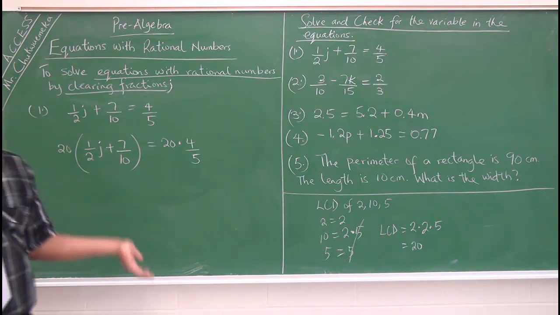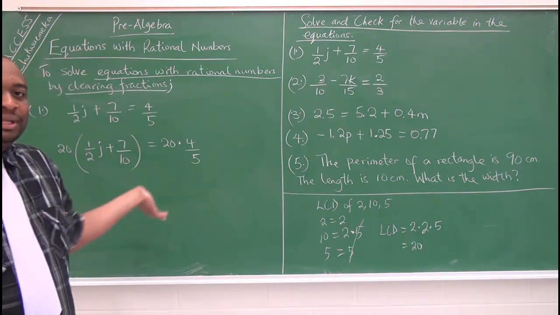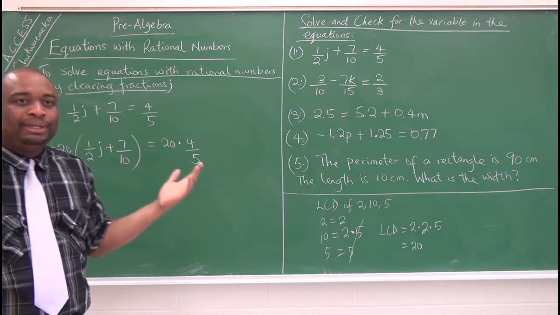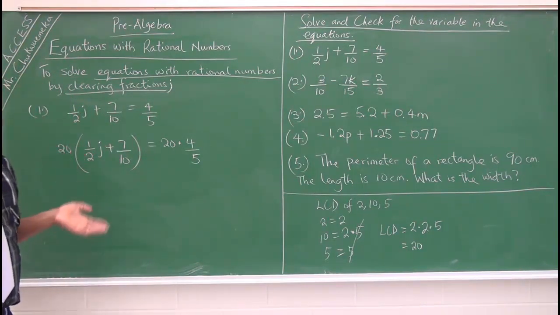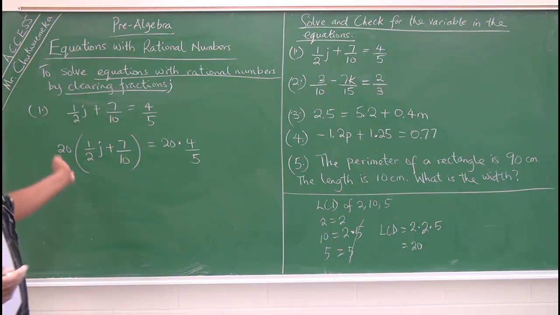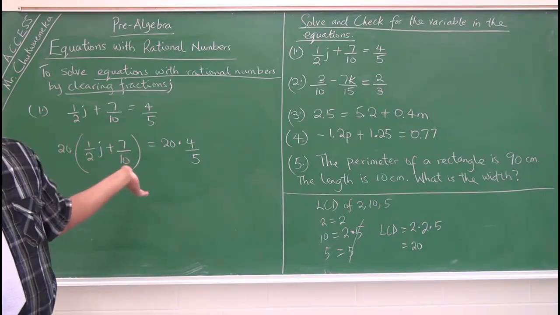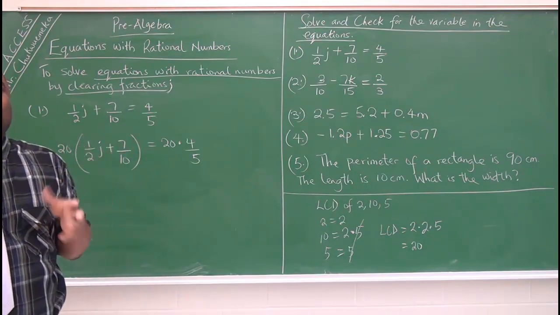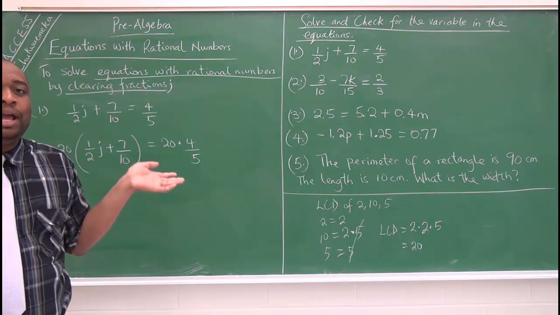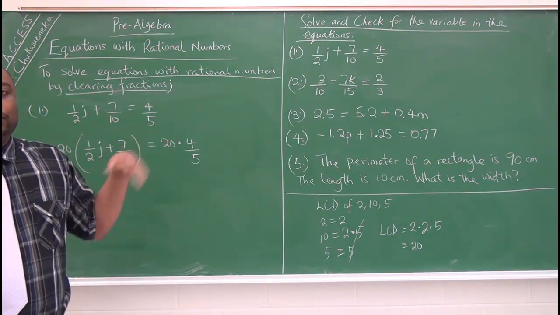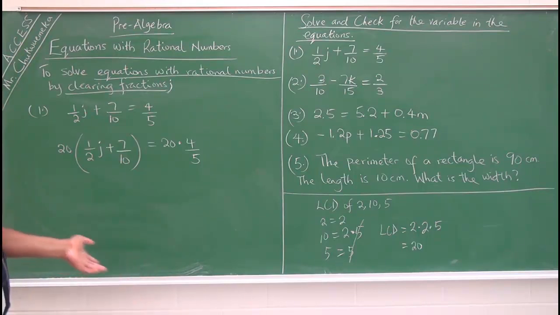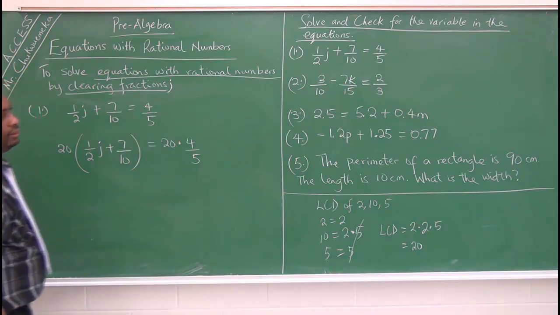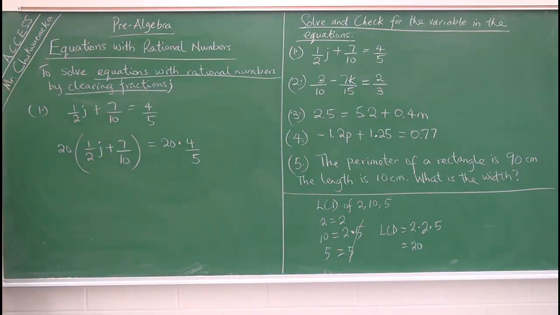That is a step you might want to put in those steps I gave. If you're using 20 to multiply both sides, then you have to apply the distributive property. Otherwise, if you're using 20 to multiply all terms, then you have already applied the distributive property. We shall look at that in the second question.